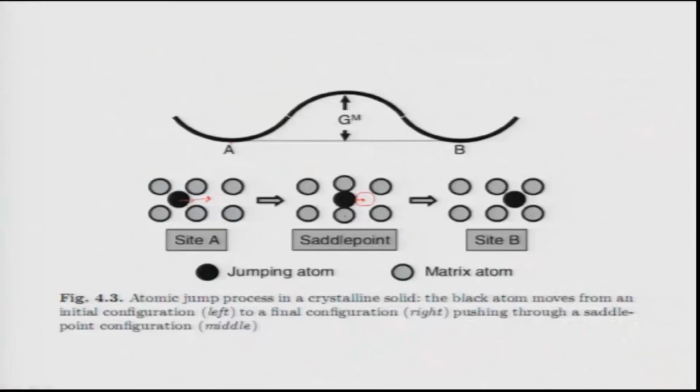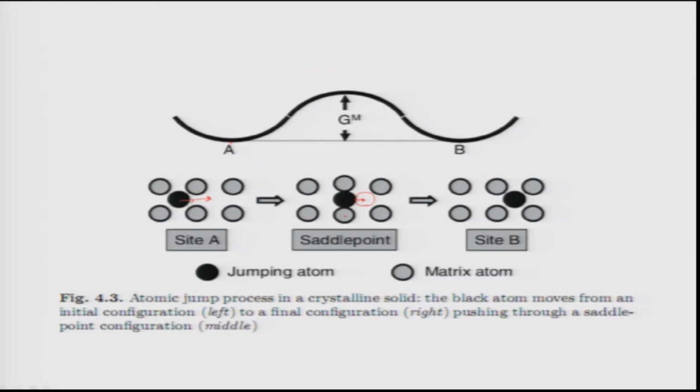Let us go back to our earlier lectures on how diffusion happens in a substitutional solution. Let us suppose there is a vacant site and a substitutional atom is diffusing from one position to another position. If it diffuses from one position to the other, what will happen?